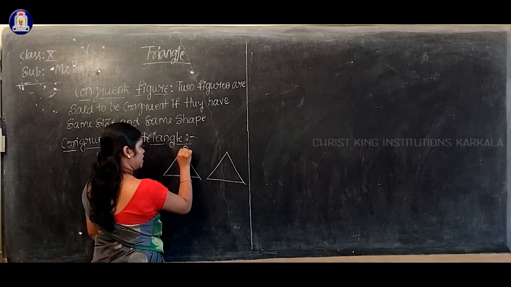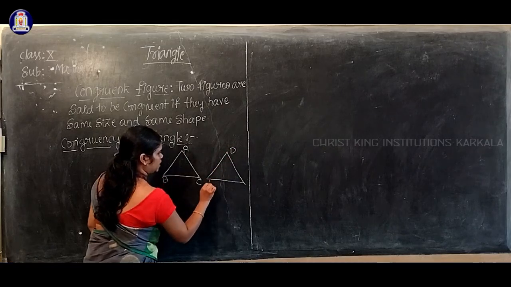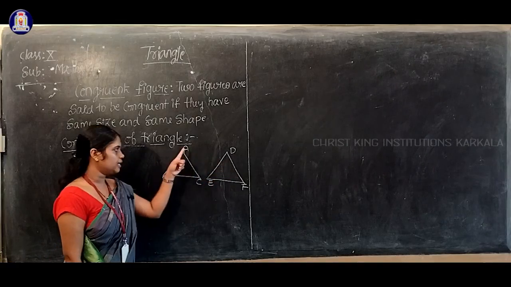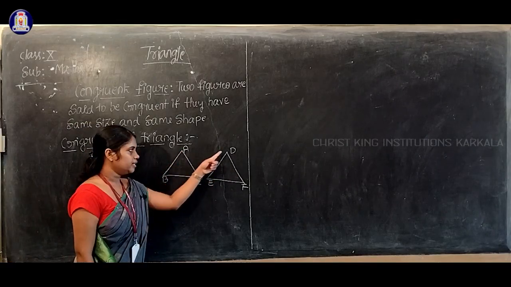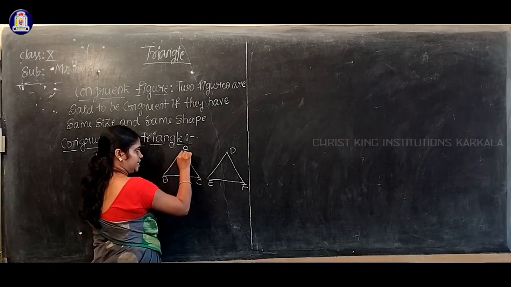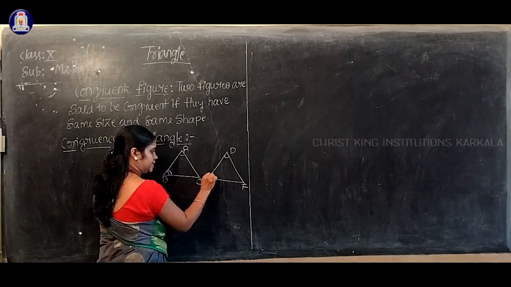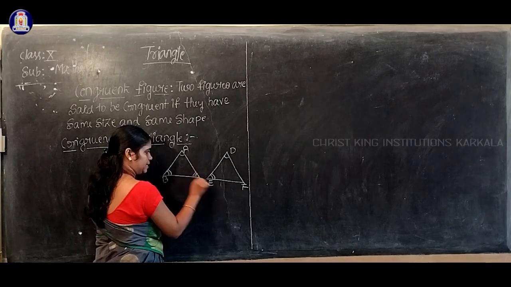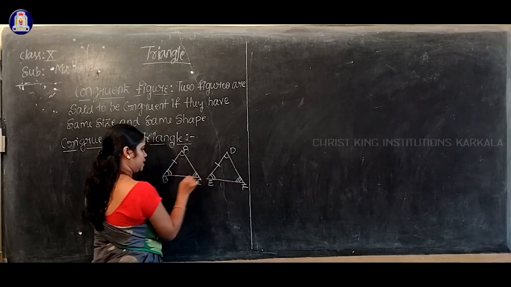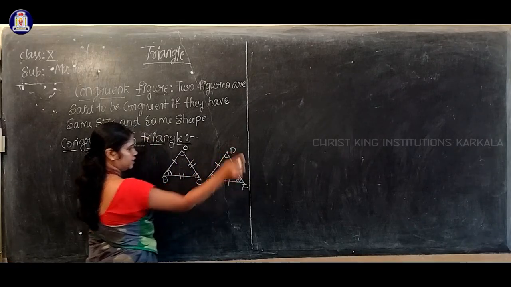So this is triangle ABC, and this is DEF. Here angle A, angle D, angle B I'll mark like this, again angle C, angle F. So AB, DE, BC, EF, AC and DF.